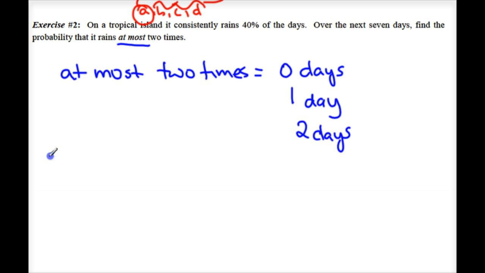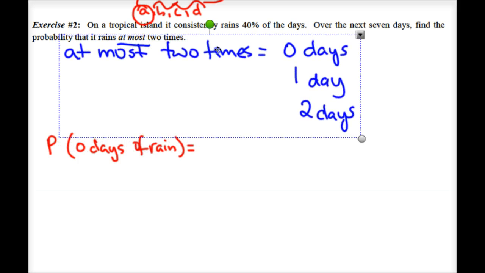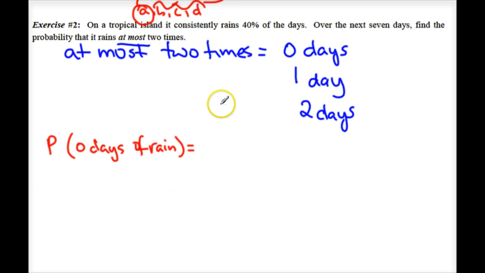So the probability that it will rain 0 days will be equal to, there's 7 days, so 7 choose 0. What's the probability?